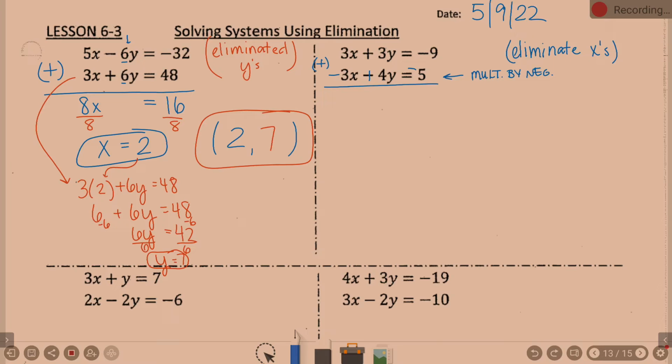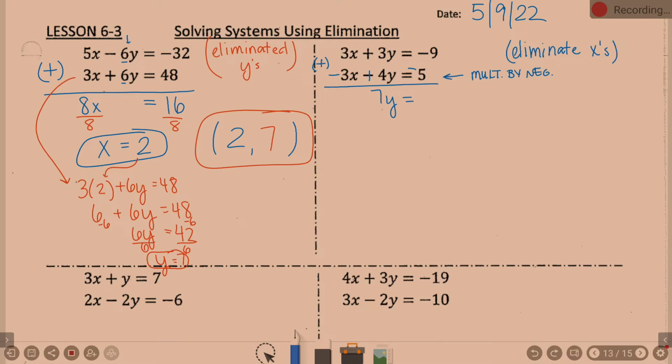And now we're adding them together. What's 3x plus negative 3x? 0. Those are the ones that are canceling out. What's 3y plus 4y? 7y. And then carrying down your equal sign.